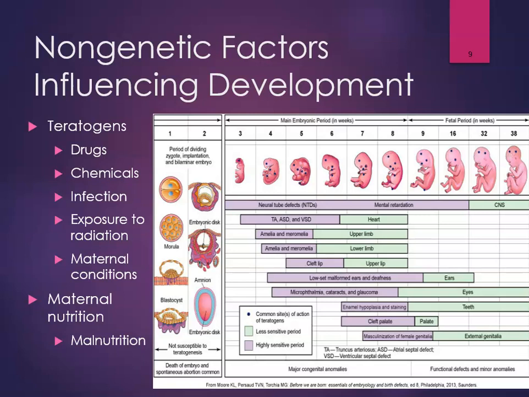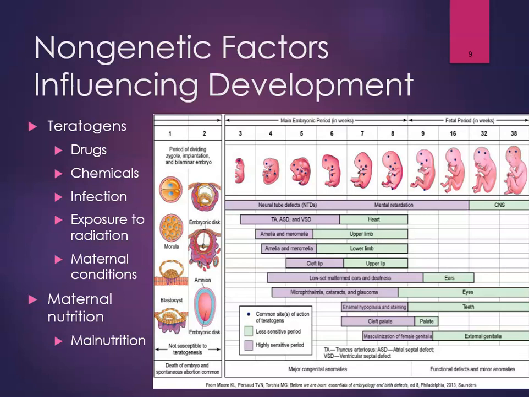And you can see how, when a certain teratogen exposure occurs, it relates to those different body systems as they develop. So in the first few weeks, if they're exposed to some of these, they're more likely to have neurological and neural tube defects or spina bifida, because that is when that neural system is forming.